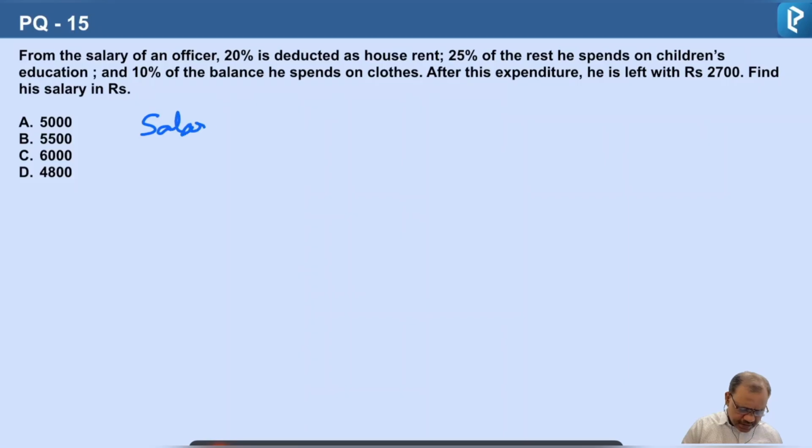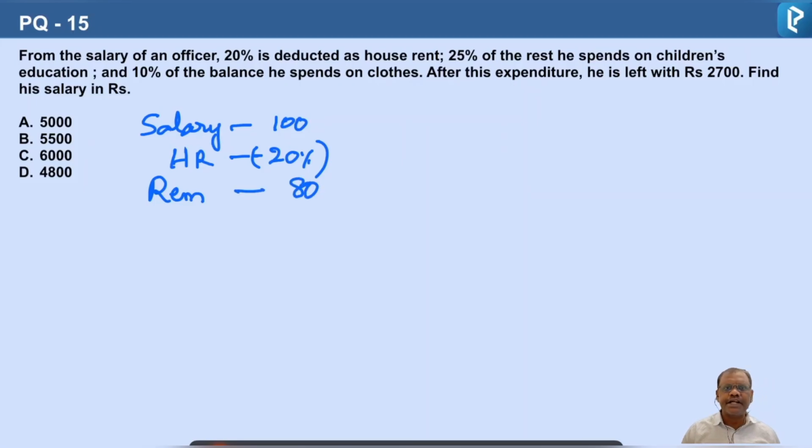Salary as 100 and then house rent is 20%. So that is minus 20%. So remaining is 80. So 80 is remaining. So again, from this 80, children's education is spending 25%.